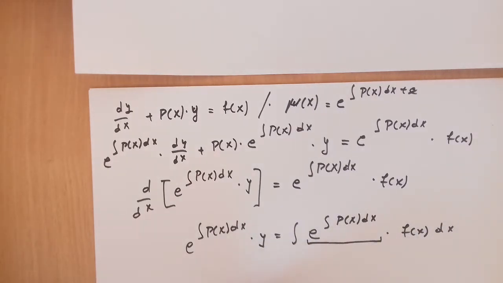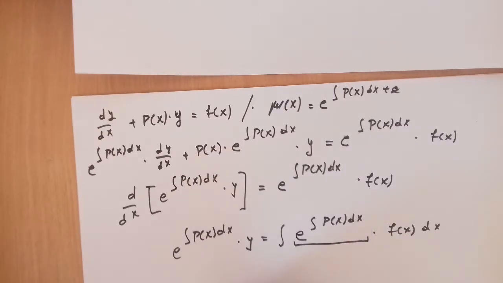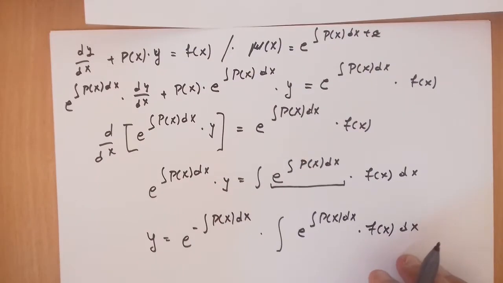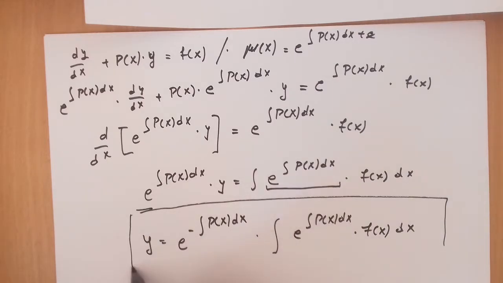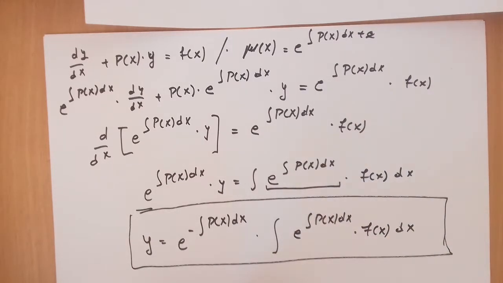So y is equal to e to the minus integral of p of x dx times the big integral of e to the integral of p of x dx times f of x dx. Oh, sorry. So this is the whole solution.